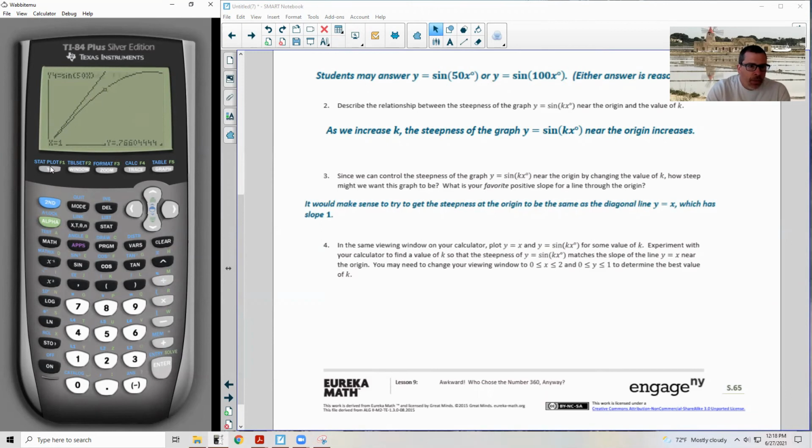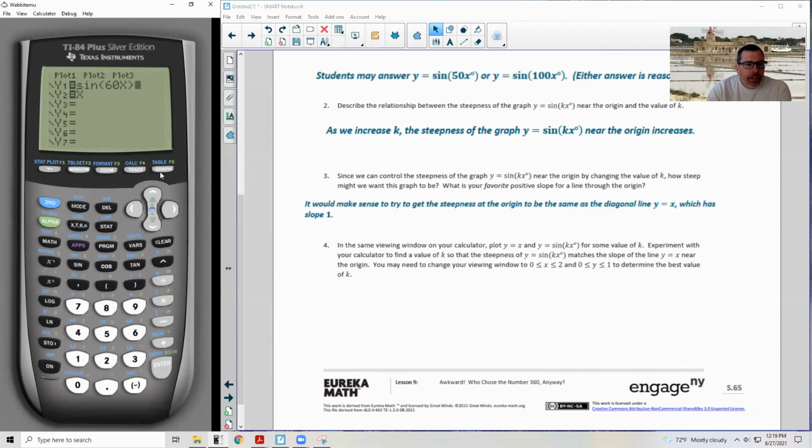So now I can go to y equals, and I'm just going to delete these other ones. Okay, so I just erased all of those and I put sine of 60x in for y1 and x for y2, just so I don't have to keep scrolling down.